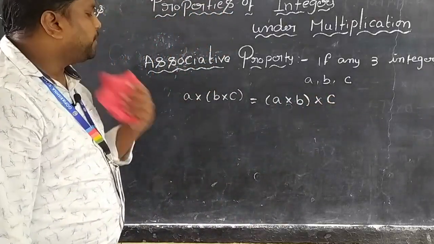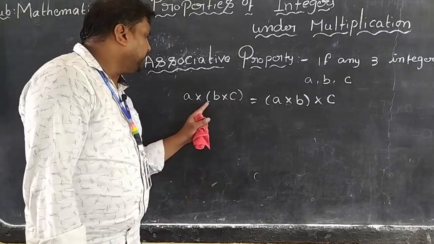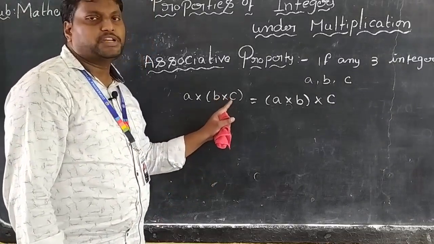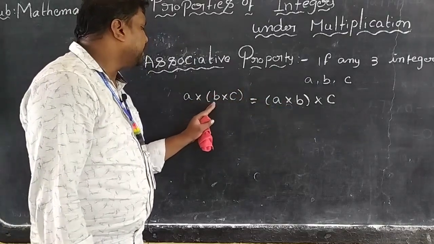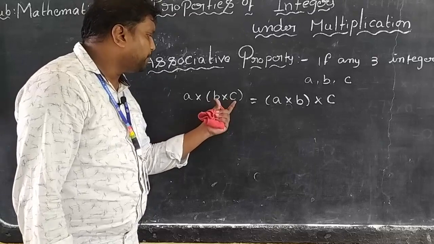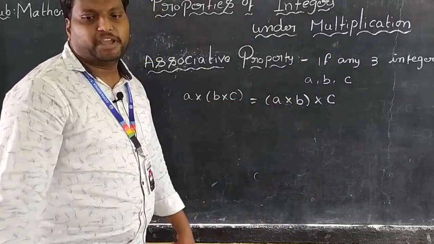Here we applied multiplication operation, but on the LHS side the second term and third term are one pair. On the RHS side the first term and second term are one pair.